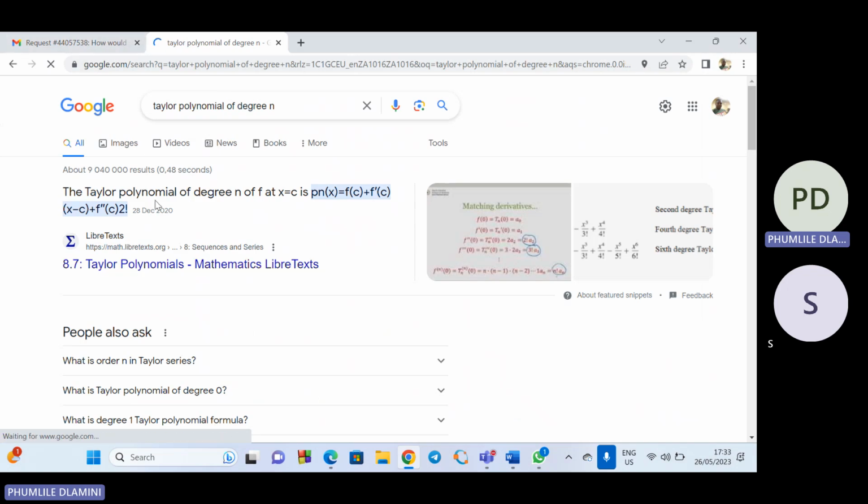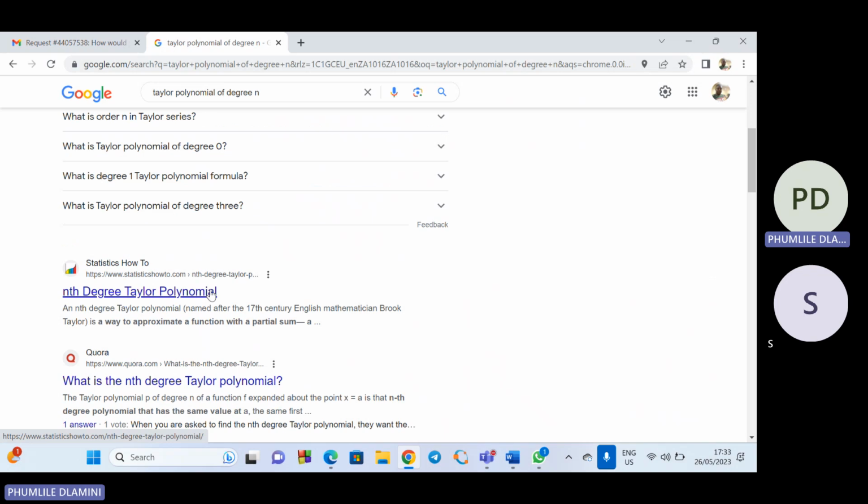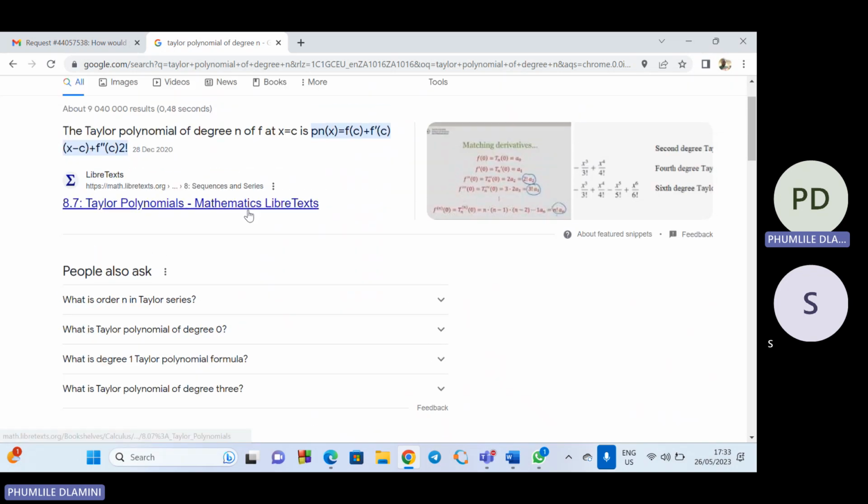The formula for Taylor will show you that the Taylor polynomial of degree n of f at x equals c equals Pn of x, f of c plus f prime of c times x minus c, like that. Maybe I don't know how to open this, so that we can view it properly.